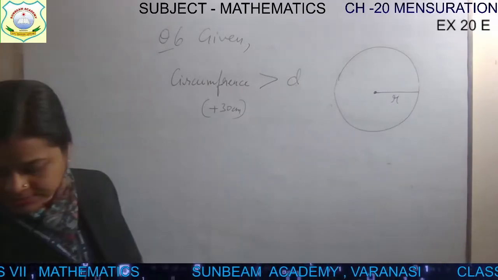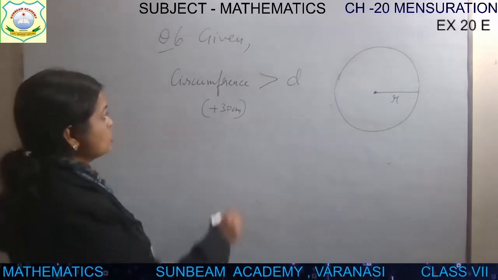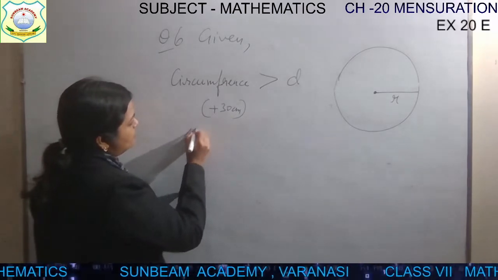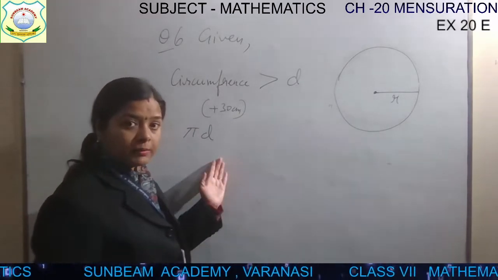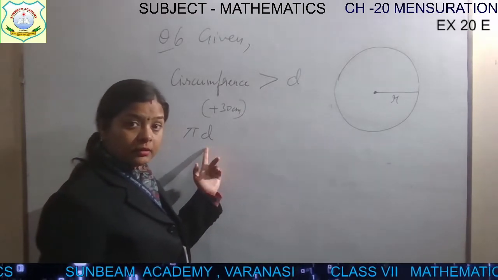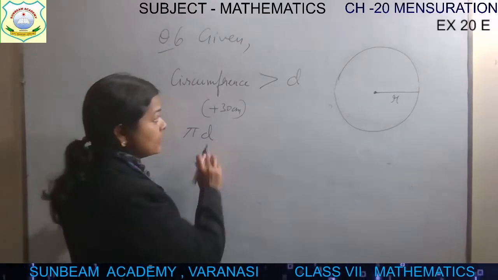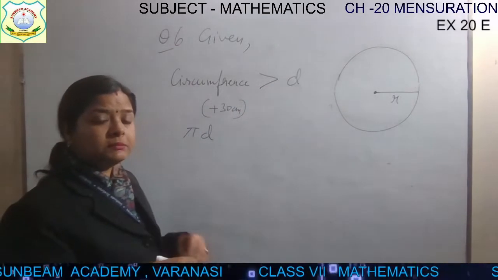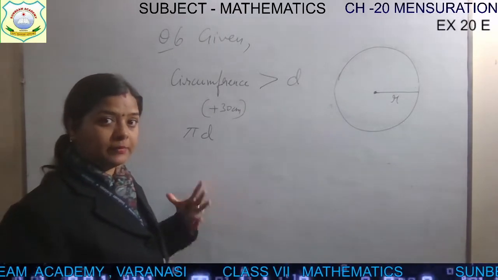What is circumference, children? And we have to find the radius. Circumference is pi into d. In terms of diameter, it will be pi into d, and it is already exceeding the diameter by 30 centimeter. Exceed means greater.